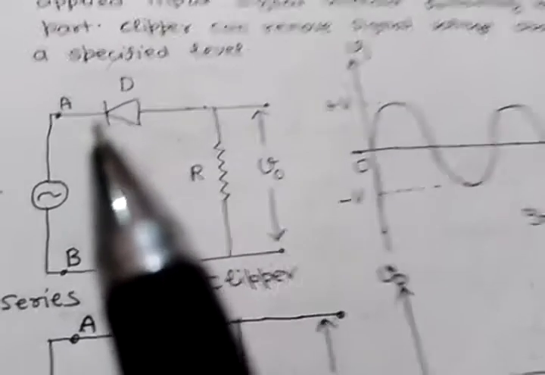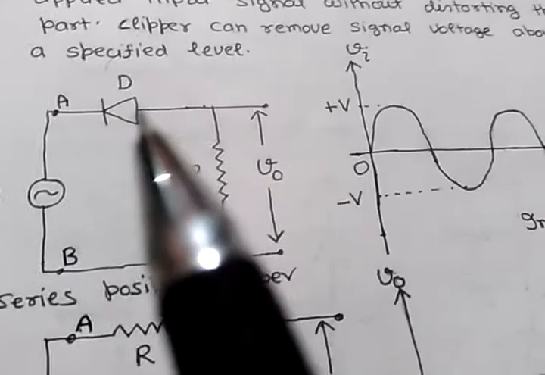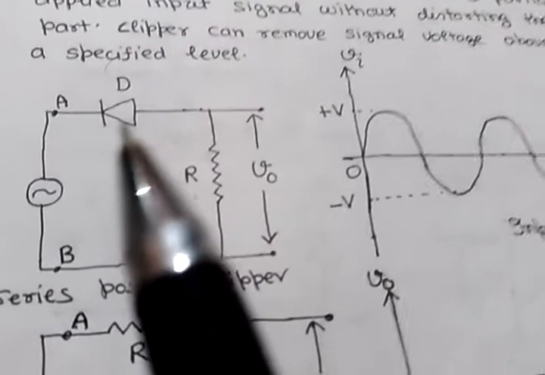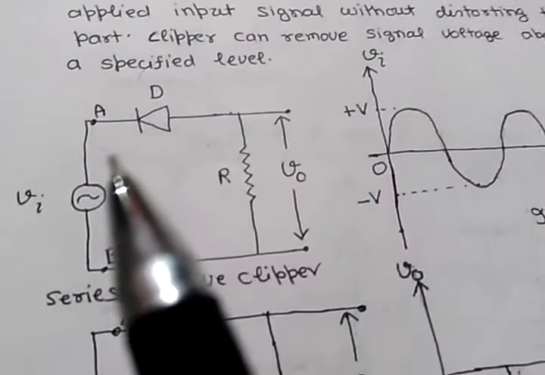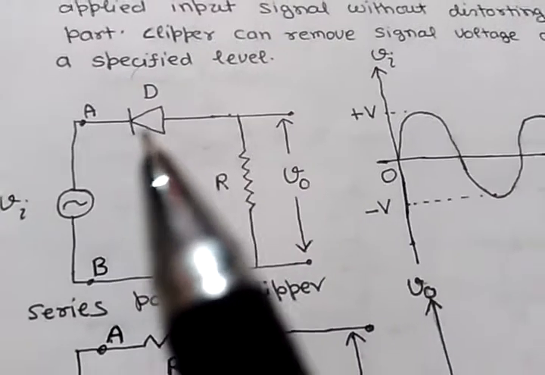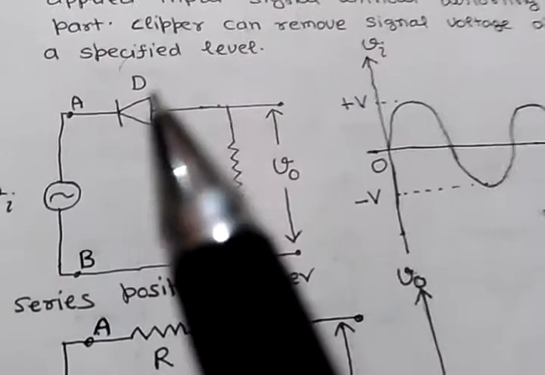So a reverse biased diode we will replace by an open circuit, and a forward biased diode we will replace by a short circuit. So during the positive half cycle, the diode D will be reverse biased. We can replace this diode by an open circuit.